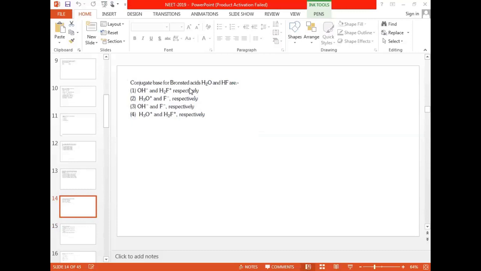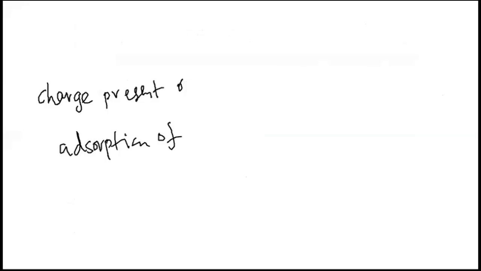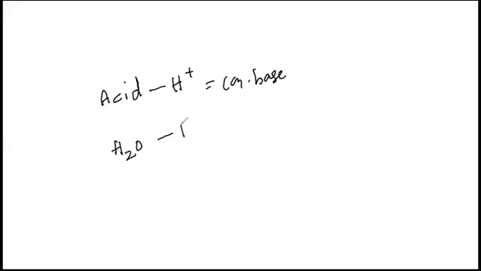Generally, if you come to the acid base theory, what can we write? Acid minus H plus is equal to conjugate base. Here what acid is given? H2O is given. Minus H plus, what will we get? OH minus is the conjugate base.